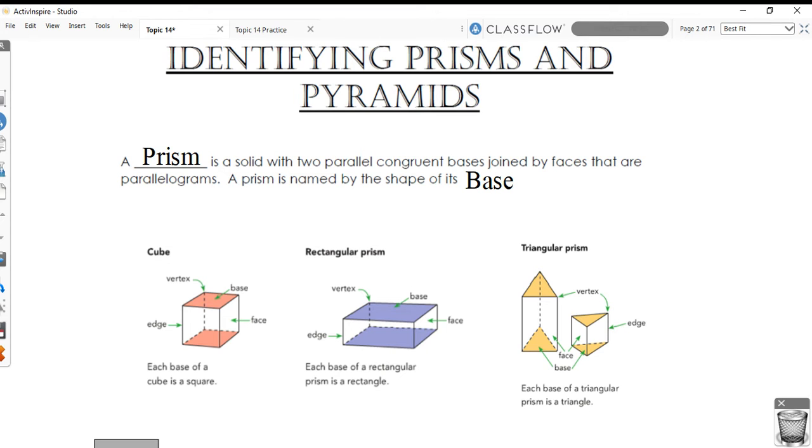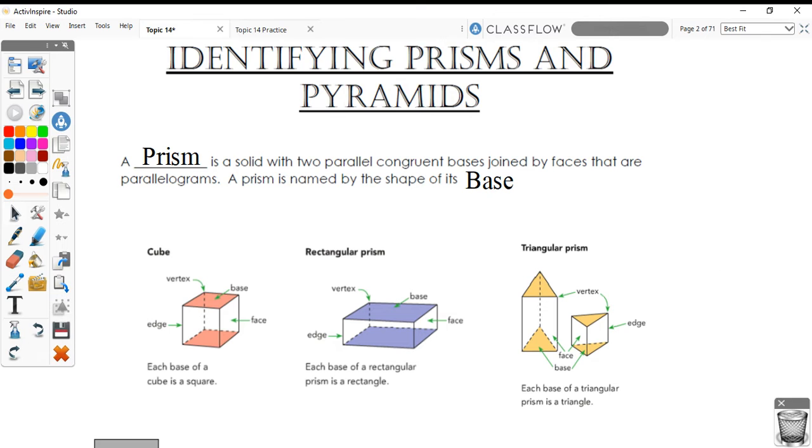So there's a couple of things that are identified in these diagrams right here. The bases and faces are both very clearly pointed at, but it also points at an edge. Okay, I'm going to go ahead and outline a couple of them that it's pointing at here. This right here would be an edge. This could be an edge of a prism. This right here could be an edge.